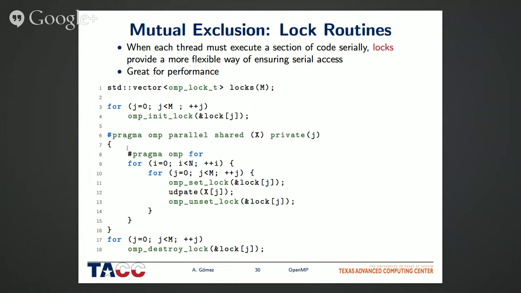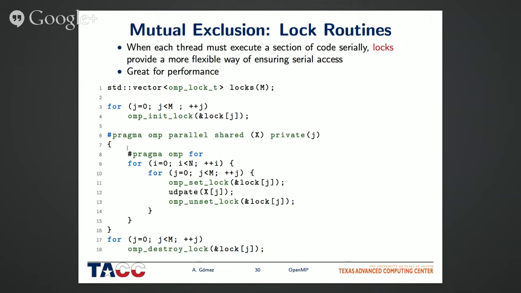Locks are really powerful, and I feel that most people don't use them because they don't even know they exist. Critical sections, or critical and atomic that we saw before, have a problem: you are potentially blocking a large block of your code so that only one thread can be there.